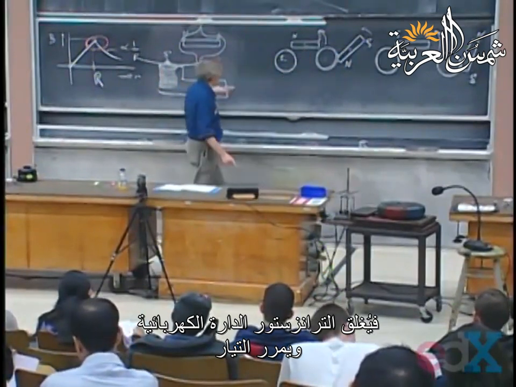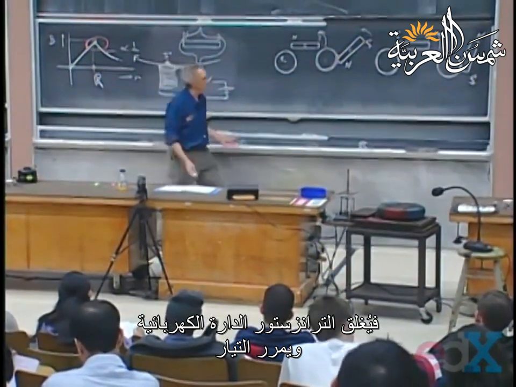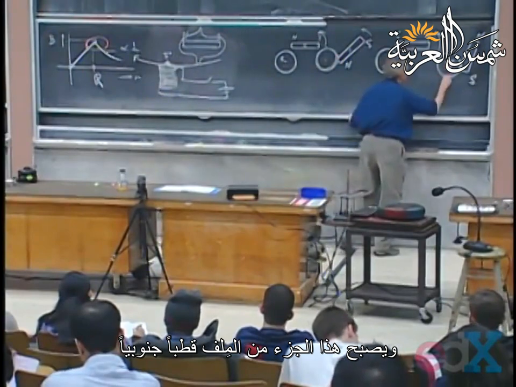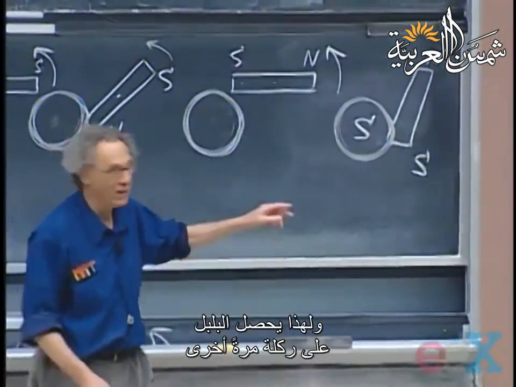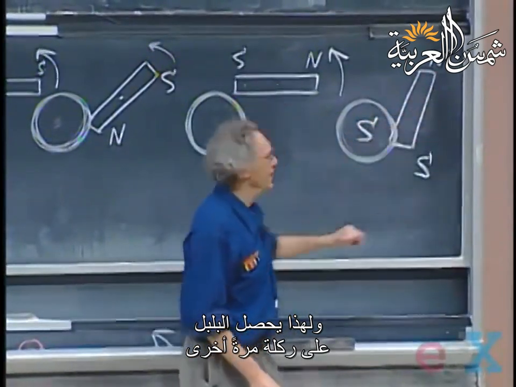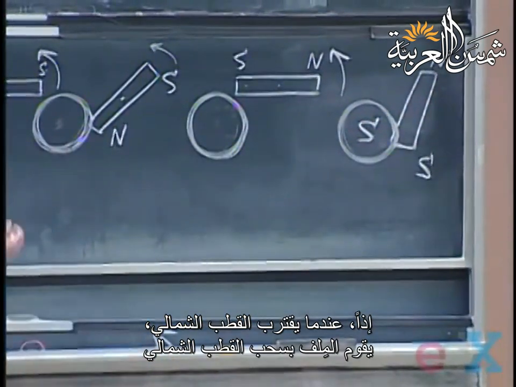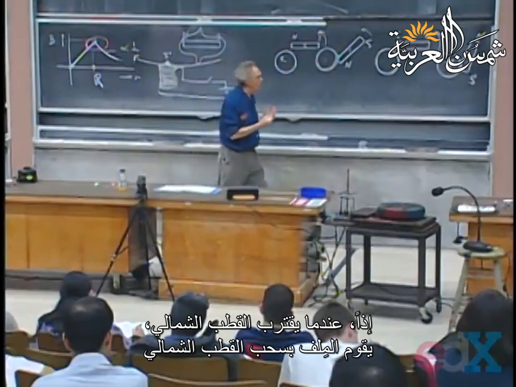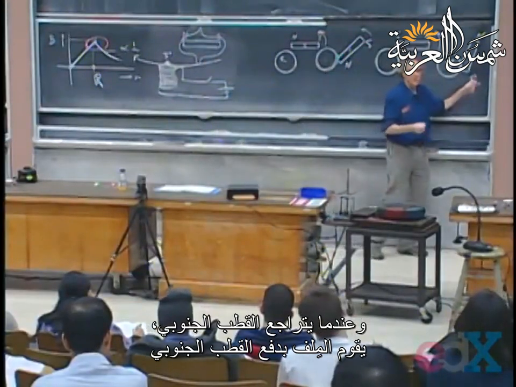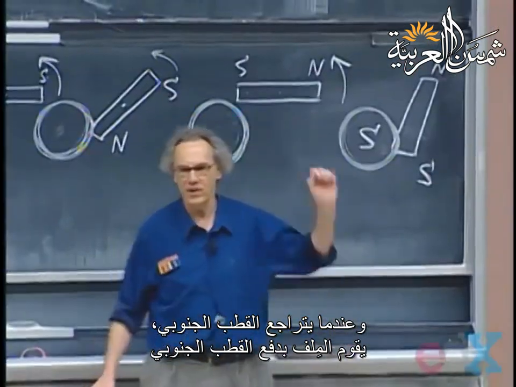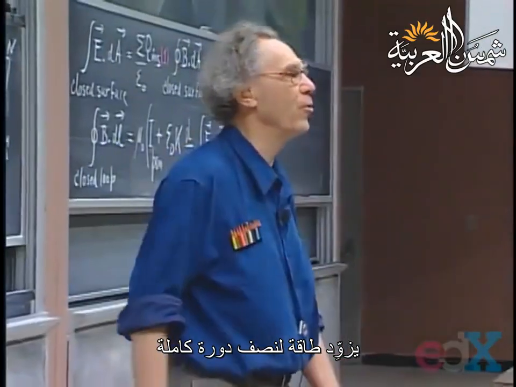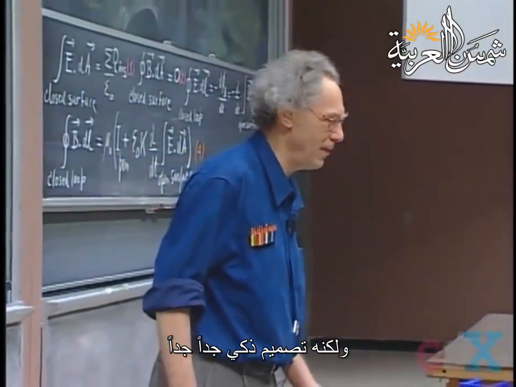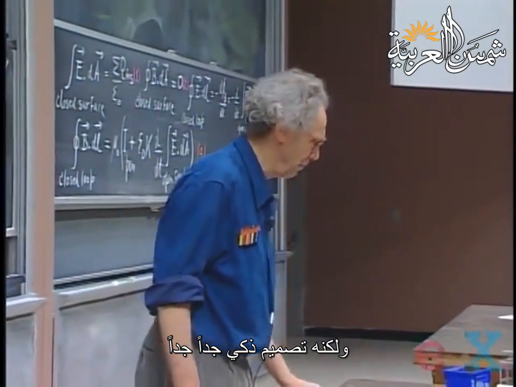I close the switch and I'm going to run a current." And so this becomes a south pole. South pole and south pole repel each other. So now the thing gets a kick again. So when the north pole approaches, it pulls on the north pole, and when the south pole recedes, it pushes on the south pole. And so it is an induction motor which is only powered half per full rotation, but a very, very clever design.